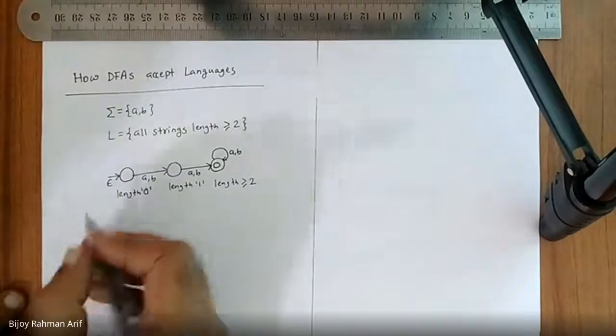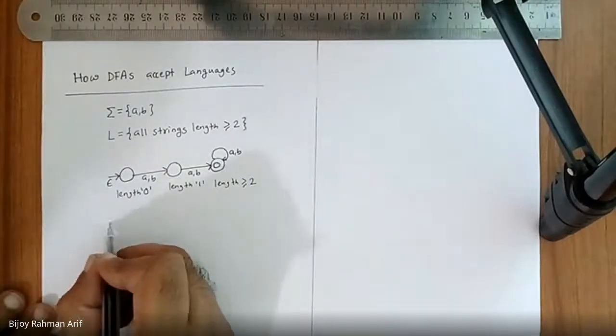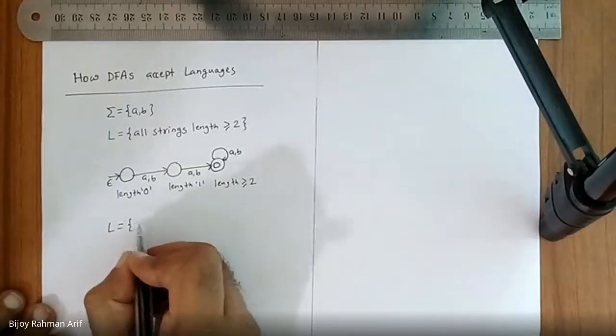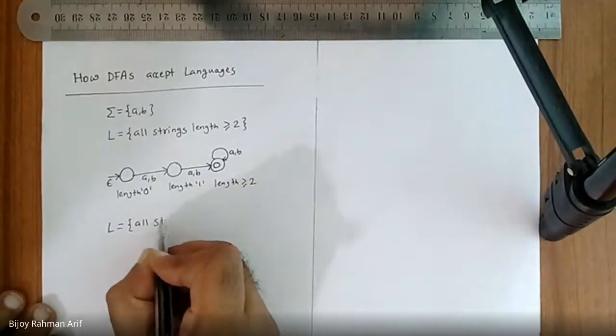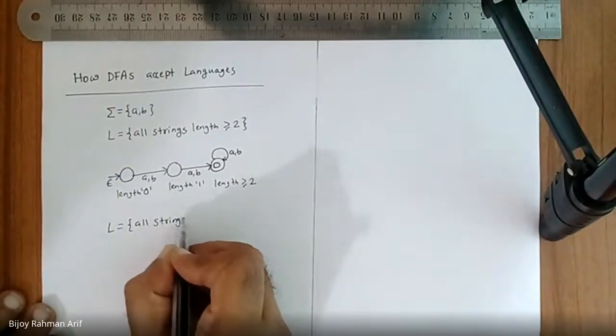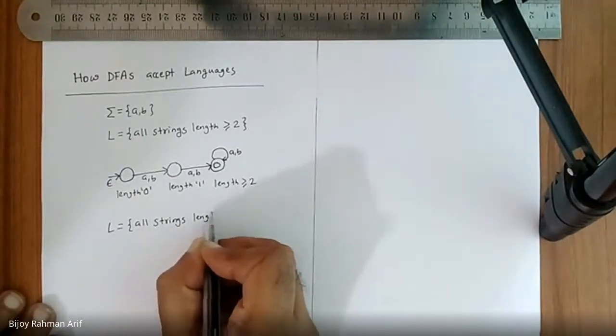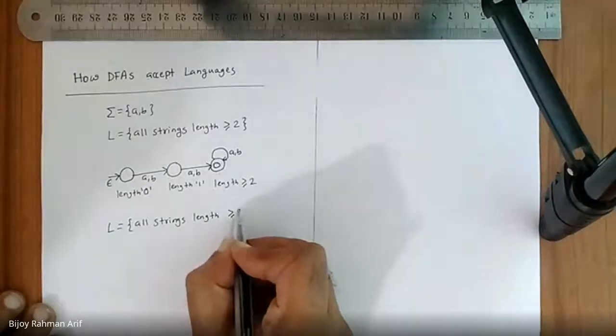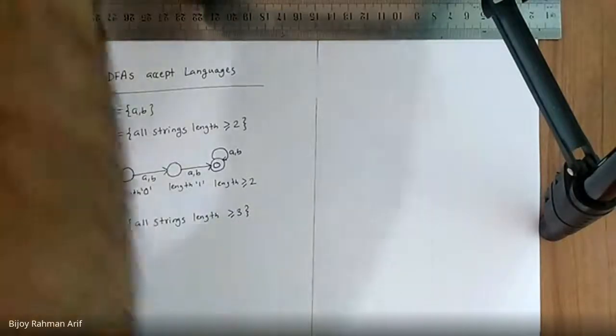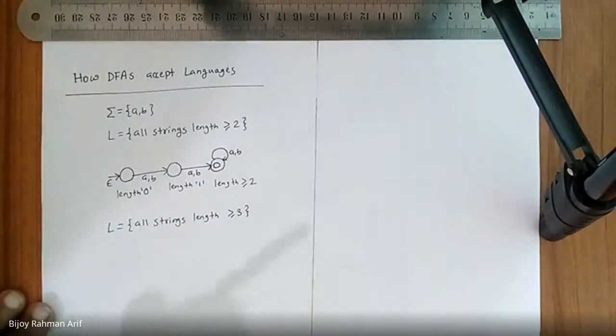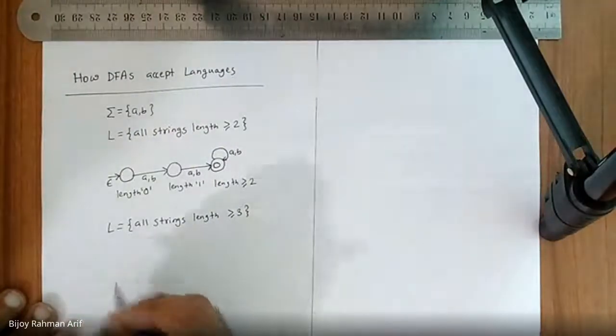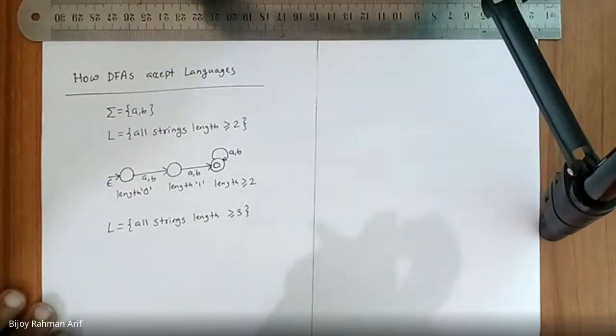Let's take another language. Let's say my language is all strings of length greater or equal to 3. So what would be the DFA for this? How many states would be there? So 1, 2, 3, four.